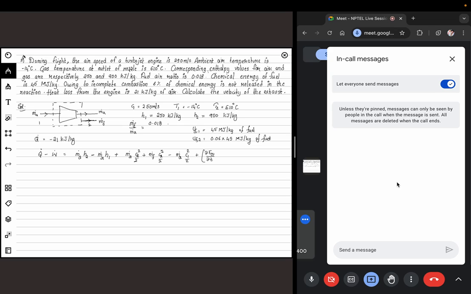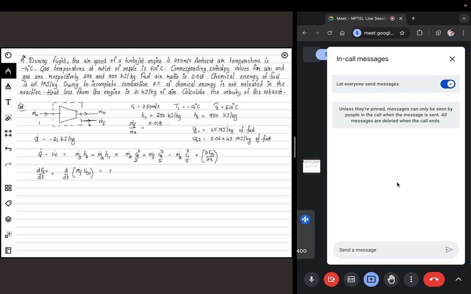So what is changing inside the system is your chemical energy. So this is d/dt of your fuel times whatever is the change of fuel, this one.